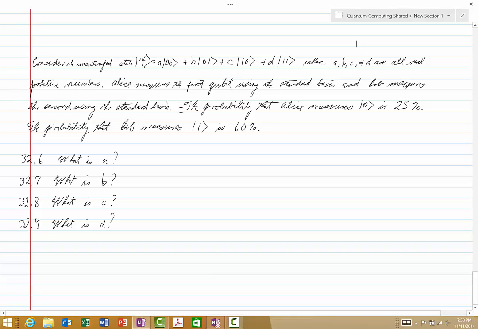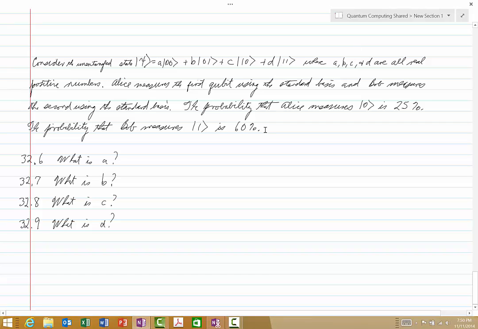But the difference now is that instead of being given 3 pieces of data, it appears that we're only given 2. We have the probability that Alice measures 0 is 25%, and the probability that Bob measures 1 is 60%.